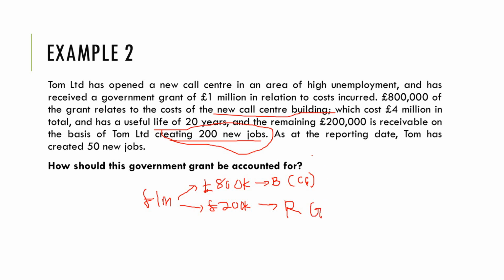Any cost that relates to hiring unemployed people will be matched to this revenue grant. So how do we account for these two types of grants? So let's look into the solution.